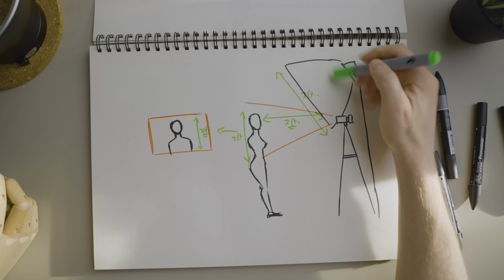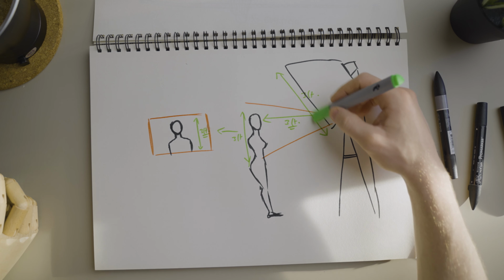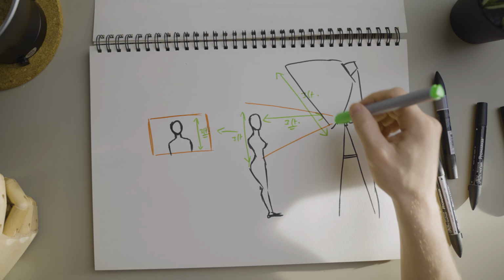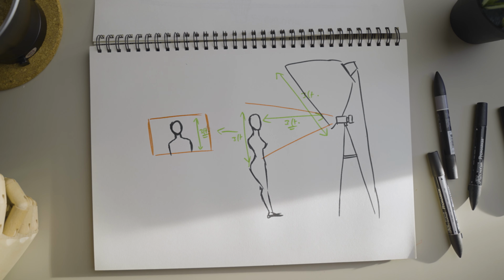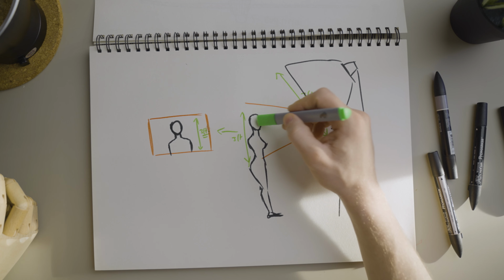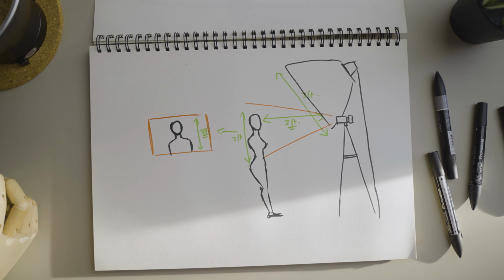In that case, I want to make sure that the source of my light, the diameter of it, is also at least 3 feet, or about 1 meter for those of you outside of the US, and that the distance between the light and the model is also 3 feet. So to recap, we have our subject, which is 3 feet, we have the distance from the light to model, which is 3 feet, and we have the light, which is also 3 feet in diameter.